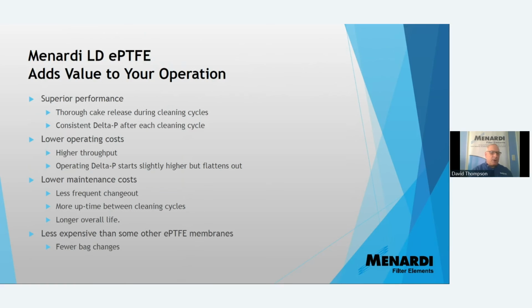It's a lower maintenance cost. You have less frequent changeouts. You have more uptime between cycles, available use of the media, and then you have longer overall life. And then they're less expensive than other membranes in the long run because you're changing them less often and you're using less energy to operate them, both with incoming air and with pulse, the consumption of compressed air for pulsing and cleaning.